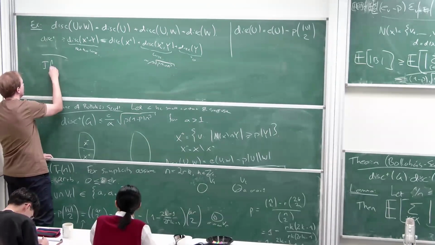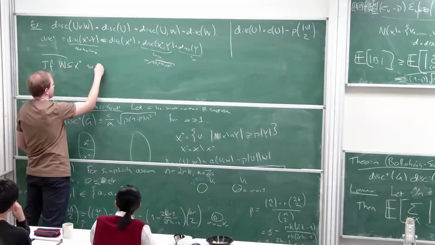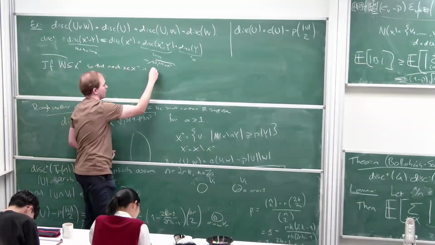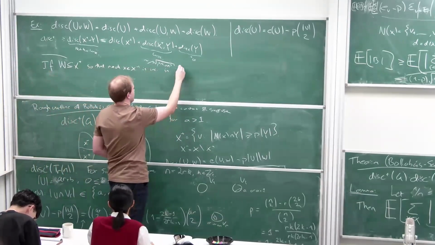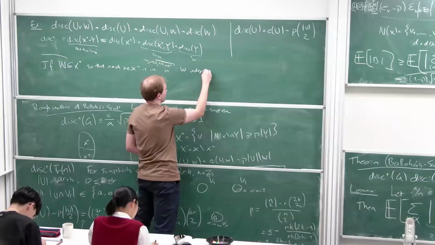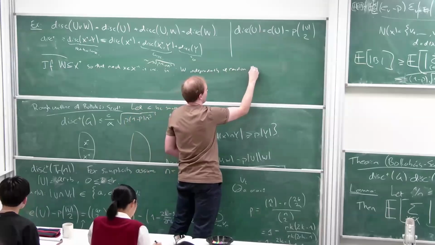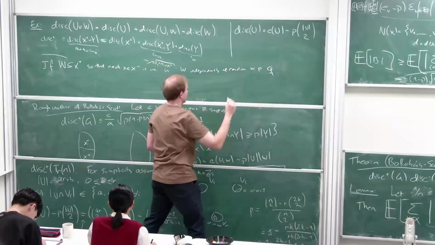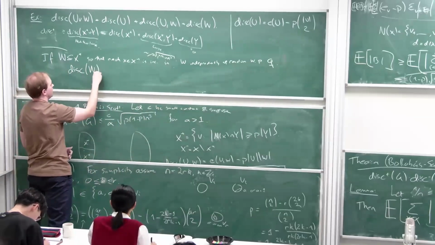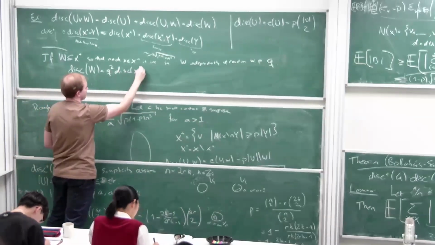So if W is a subset of x plus, so that each x in x plus is included in W independently at random with probability q, then the discrepancy of W is just going to be q squared times the discrepancy of x plus.